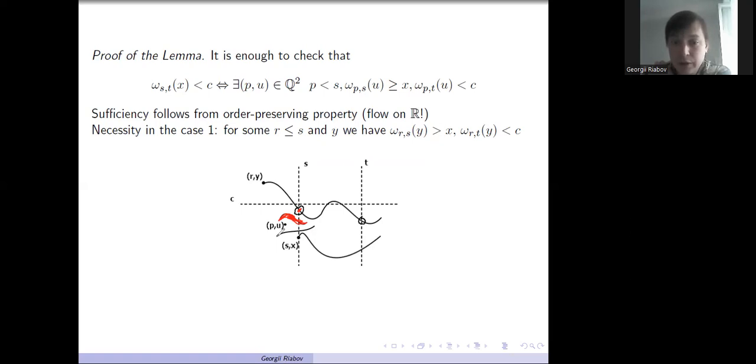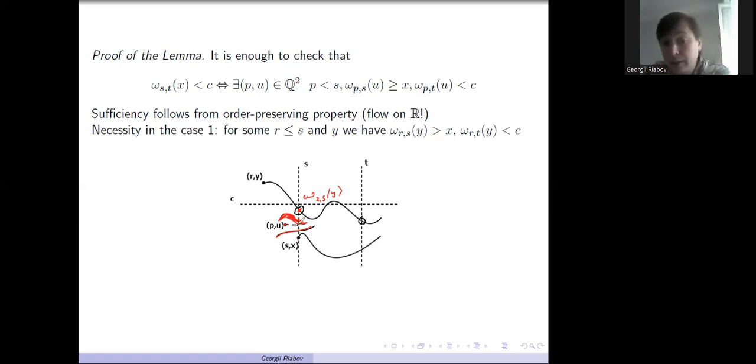Actually, we can find two trajectories that were between x and omega rs of y. And we can take a rational point u between these two trajectories. Then what can we say about the flow that starts from this point pu?